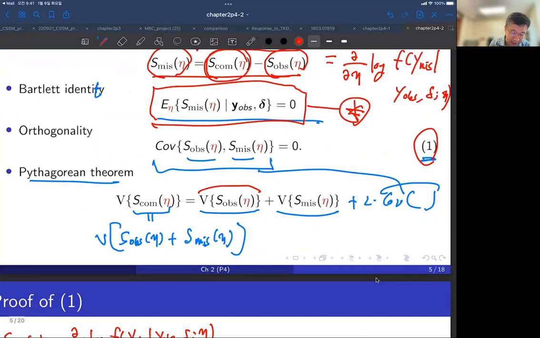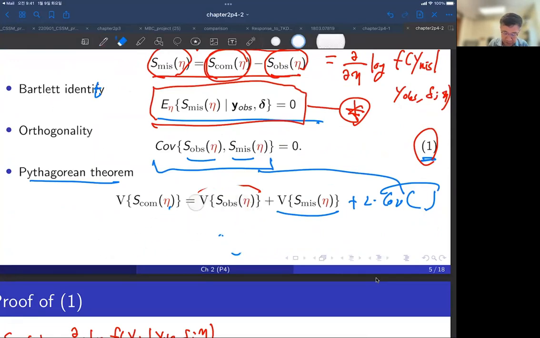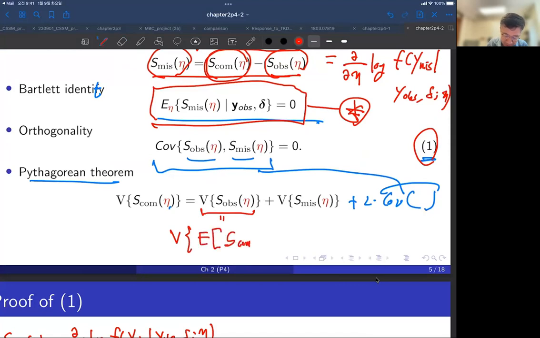My point is that you can view this guy as the variance of the expectation of S given y observed and delta.